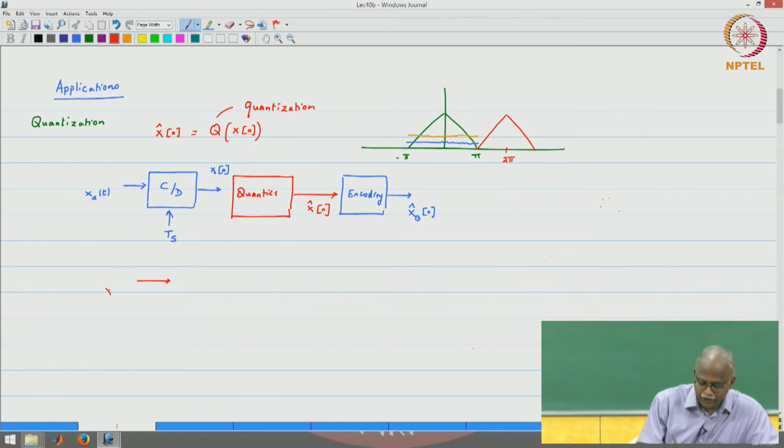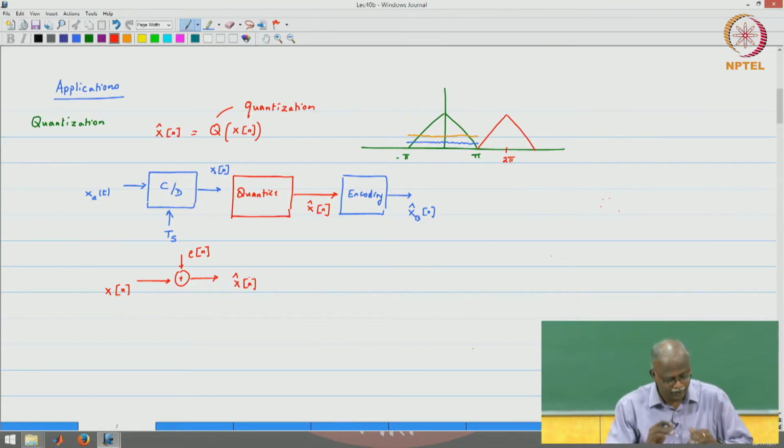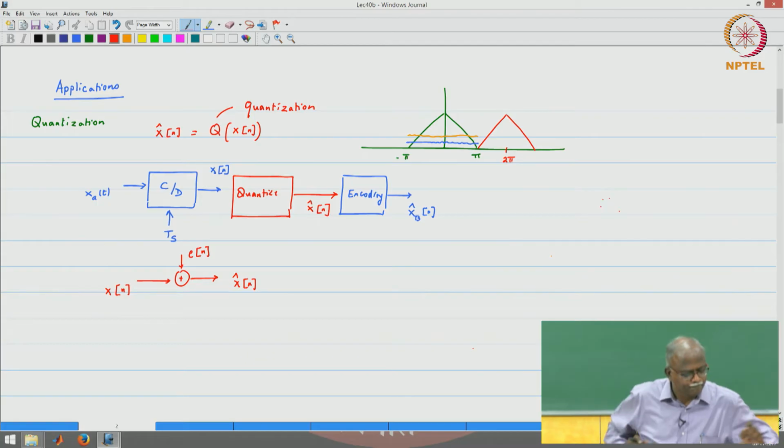So, you think of quantization as an additive process where you add an error term or a noise term that gives you a perturbation of the unquantized signal.